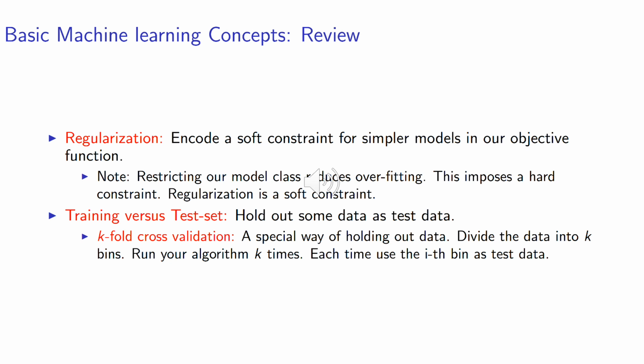An alternative approach to statically dividing the data set into three sets, training, holdout set, and test set, is to use a so-called recycling strategy called k-fold cross-validation. Here, we divide the data set into k bins and run the algorithm k times. At each iteration i, we use the ith bin as the test data and compute an average score over the k bins.